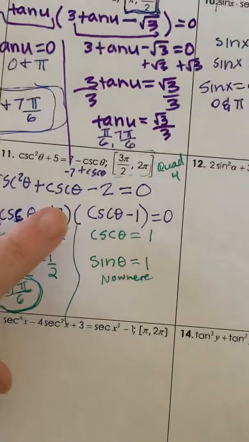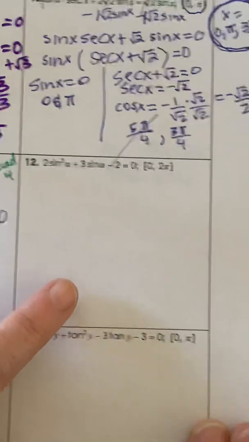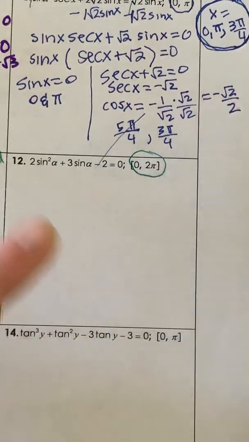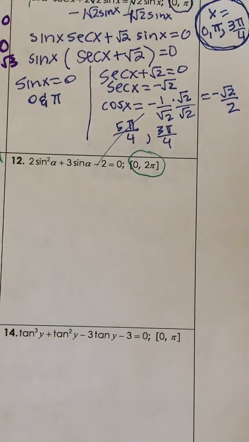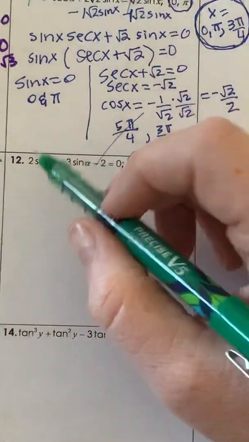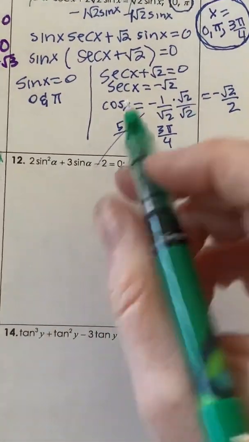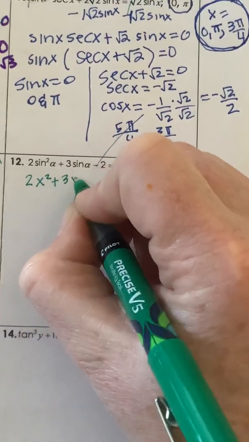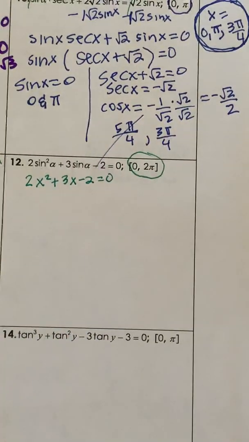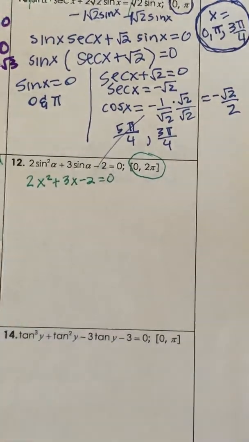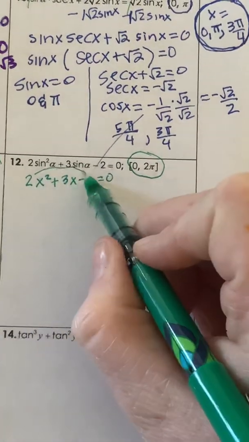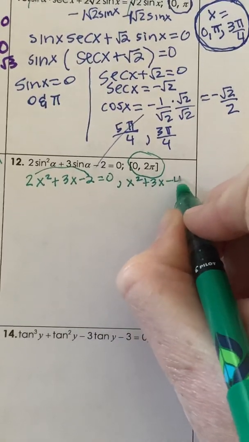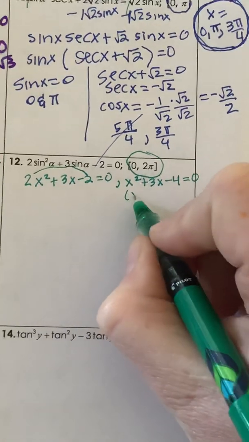Okay, all right, 12. Let's do 12 the same way we did 11 by looking at the quadrant. Never mind, it's from 0 to 2 pi, so never mind. Okay, 12. This is just like 2x squared plus 3x minus 2. If you forgot how to factor that, you move the 2 to the back: x squared plus 3x minus 4, factor like normal.